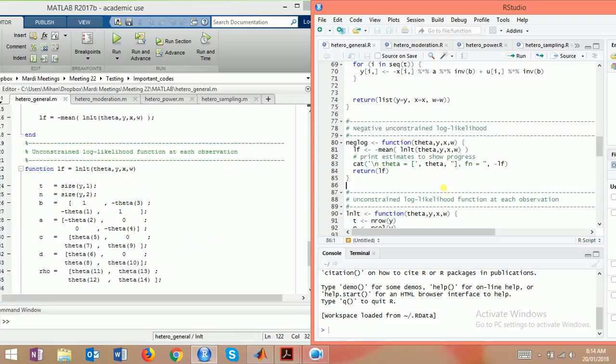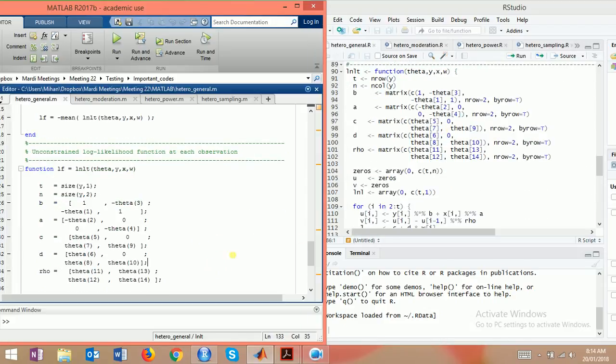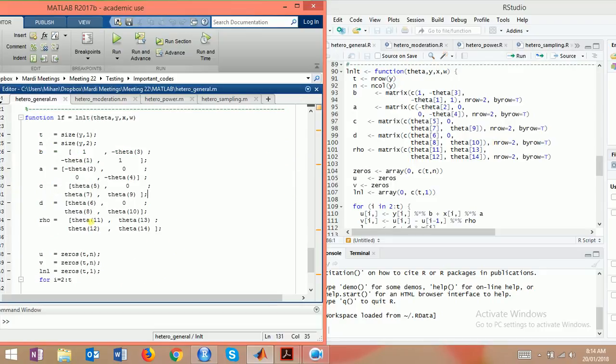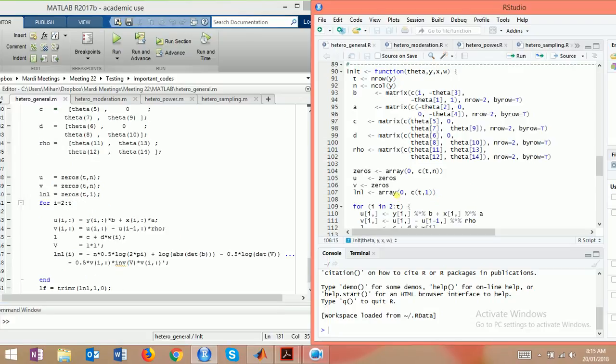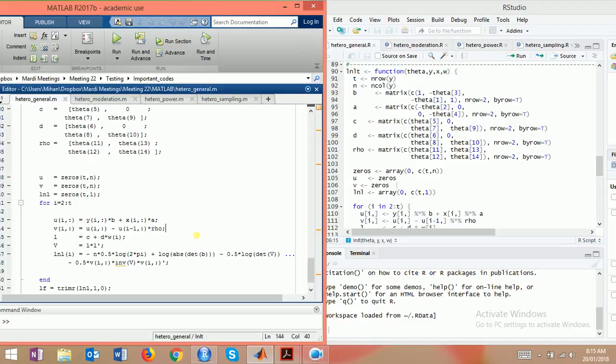Unconstrained log likelihood function. We represent everything within the matrix, again locating where each parameter will be. Then zeros is array 0 ctn, then 0 0 zeros, t1 array 0 ct1, that's all.